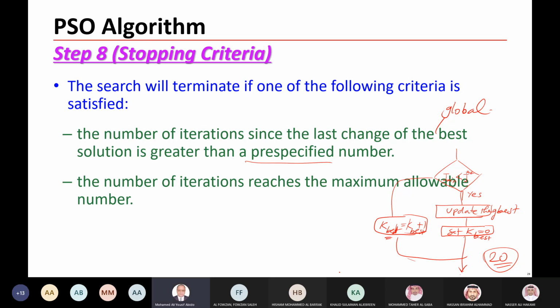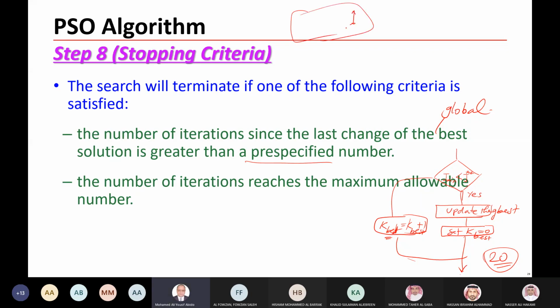Is it okay, Hisham? Yes, alhamdulillah, it's okay. But the last question, about the particles' movement: will they move in the same direction, or can each particle move in a different direction? Different directions, definitely. Each particle has its own velocity.